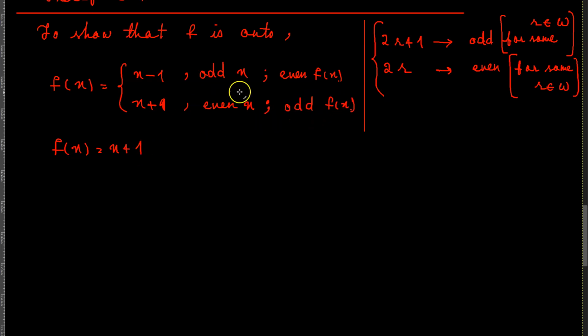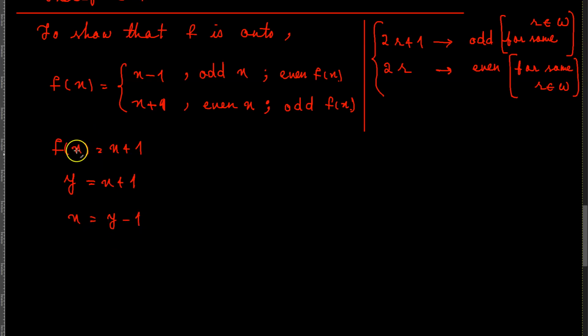Then let's say that, for example, let's take some arbitrary member of the set f of x as y. So then y would be equal to x plus 1, and then x would be equal to y minus 1.